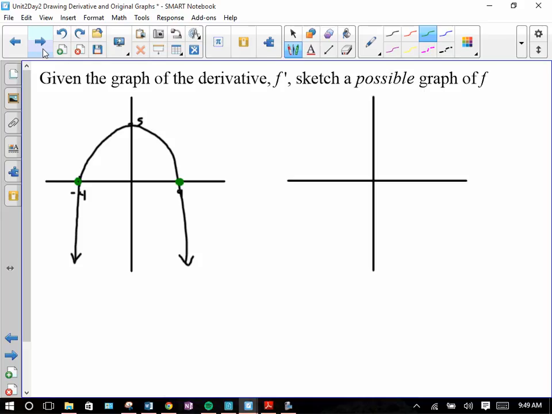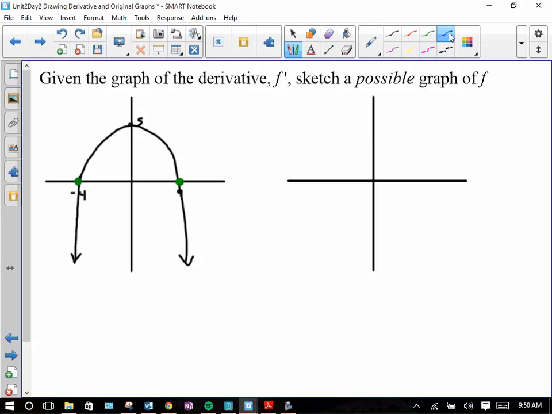Let's think about this. This first derivative has what values? It's negative. Don't get confused. This is not f. This is the first derivative.